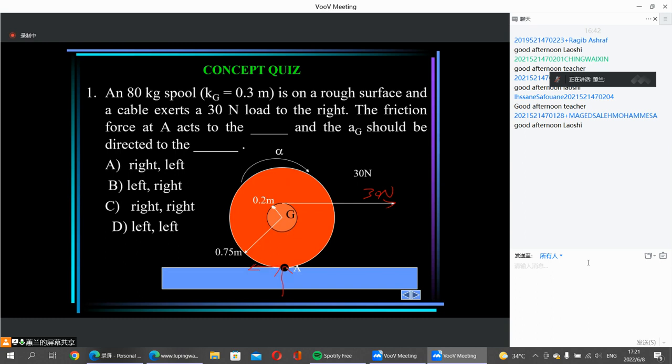If there is no friction force, about point A, the moment about point A should be this way, right? So that means under the action of the force 30 Newton, the spool will rotate about G, I mean, without the friction force.